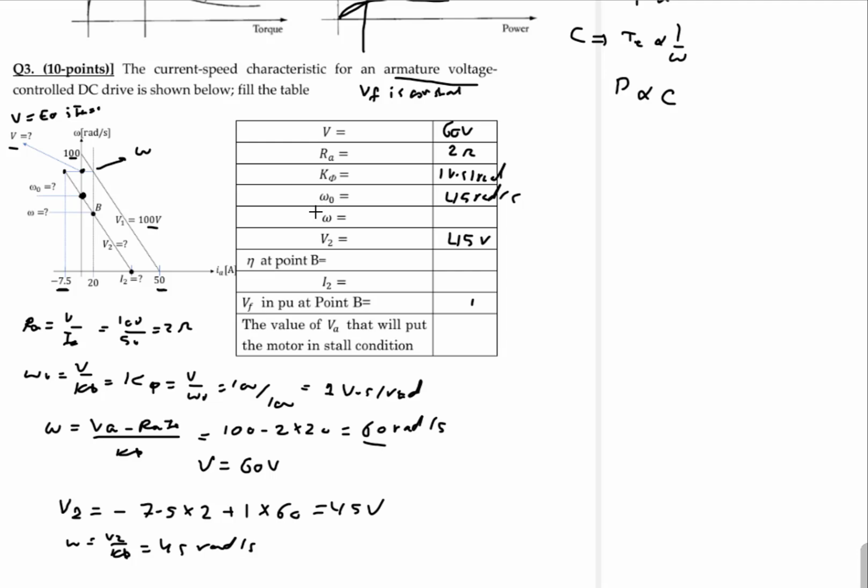Now we need to find omega. The voltage is given, which is the 45, which will equal 2 multiplied by the current at the point B, which is the 20, plus K phi, which is the 1, multiplied by the omega. So omega here will equal 5 rad per second.